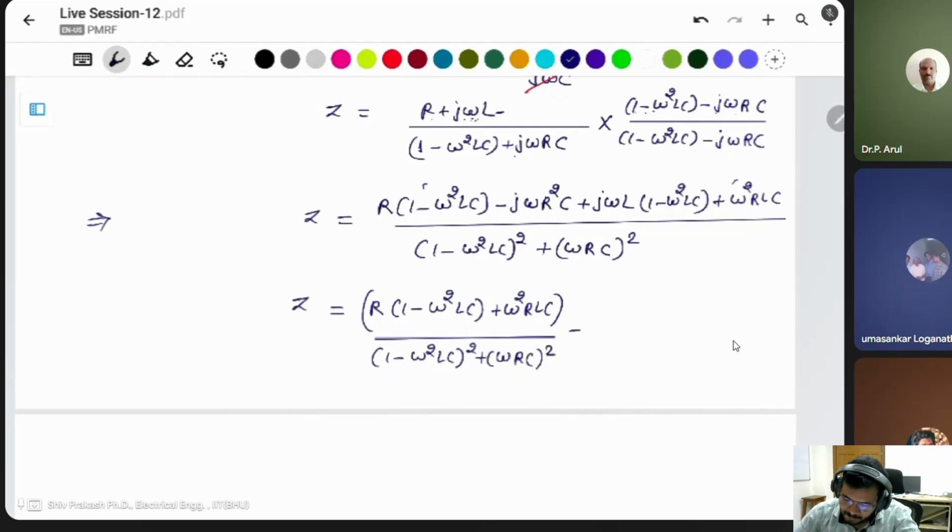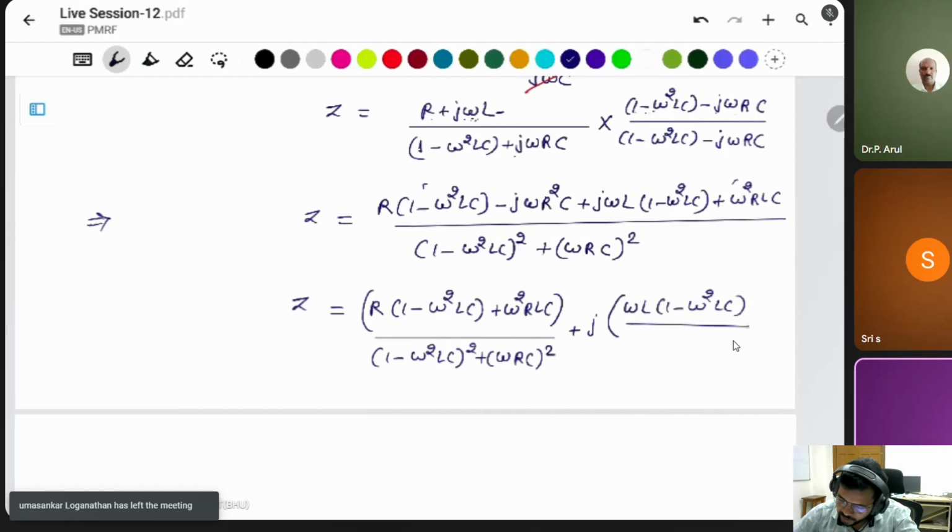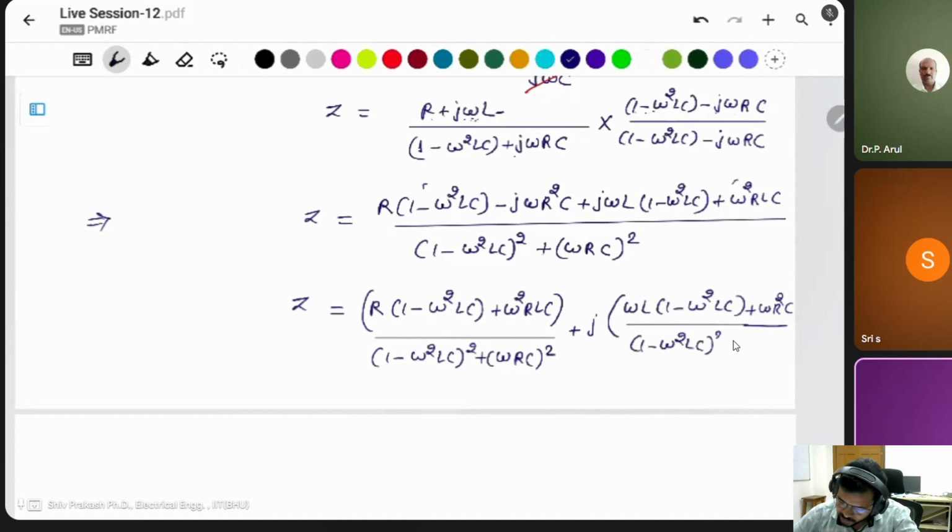Then take the j term: the positive term is omega L times 1 minus omega square LC, and minus omega R square C, divided by the same denominator, 1 minus omega square LC whole square plus omega RC whole square.